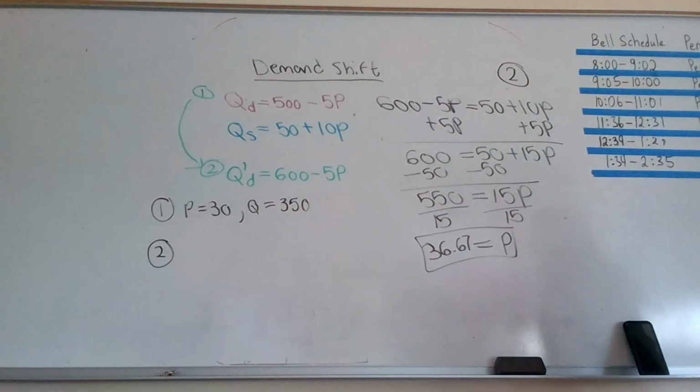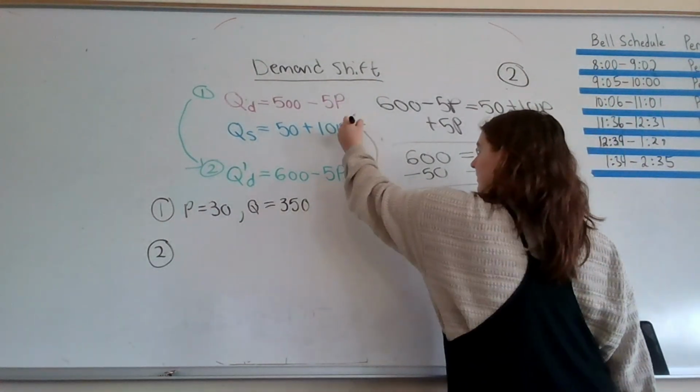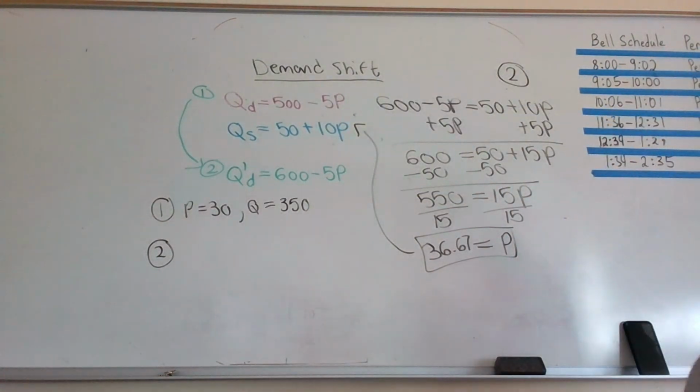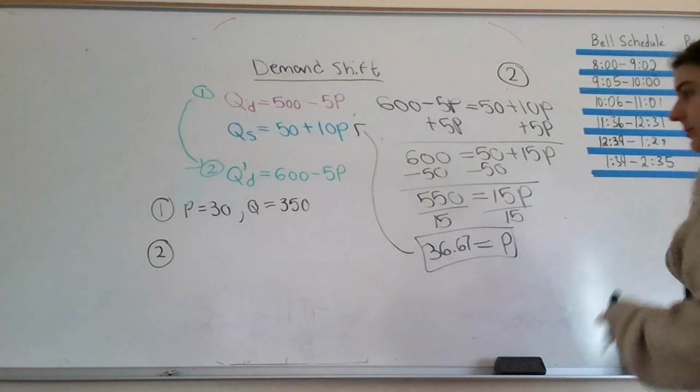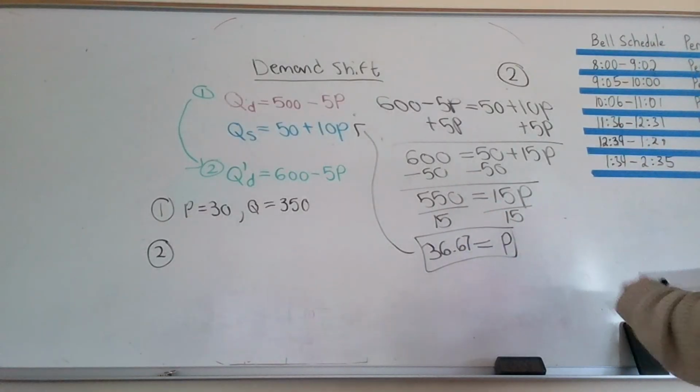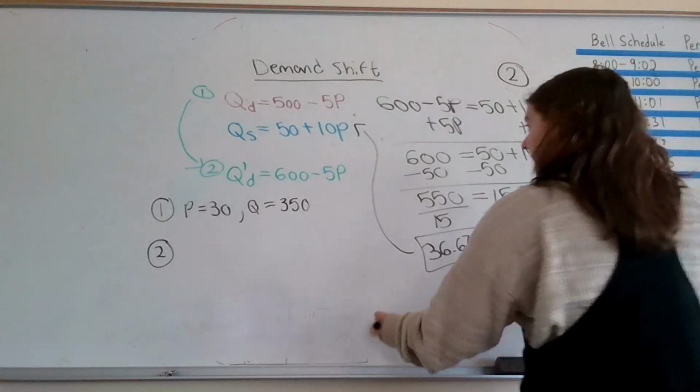What do we do now? We take this and we plug it back in, right? And then we solve for our quantity. Now, I didn't leave as much space, so I want to be quicker with this. All right, demand.